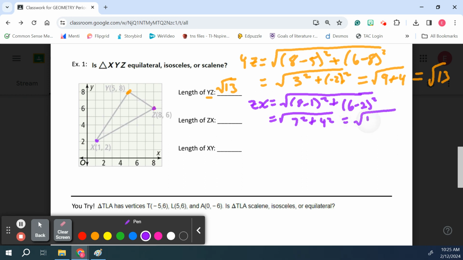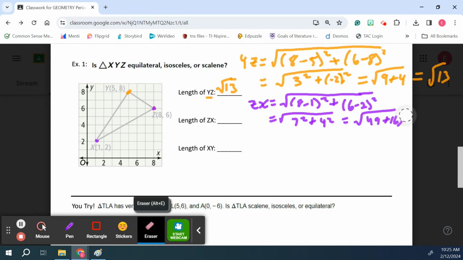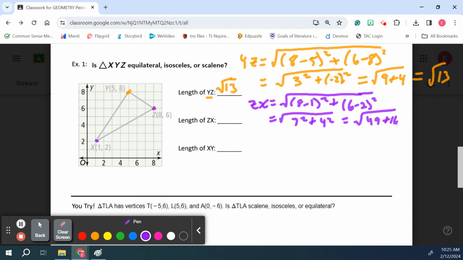Which ends up being 49 plus 16. Which ends up equaling the square root of 65. So here is that one.